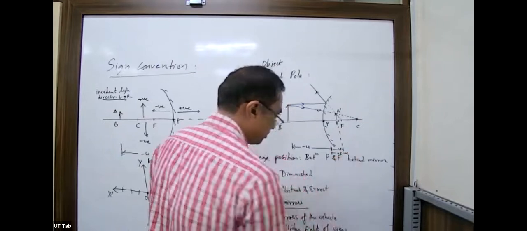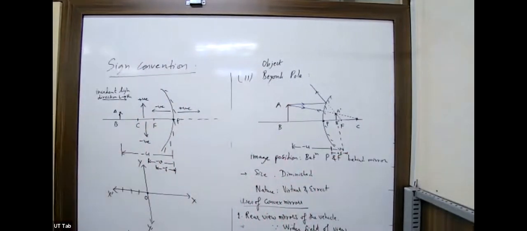By convention, for a convex mirror, the focal length is always positive, and for a concave mirror, the focal length is always negative. It is the same for lenses: a convex lens would be positive, a concave lens would be negative. I will cover that when we reach it.